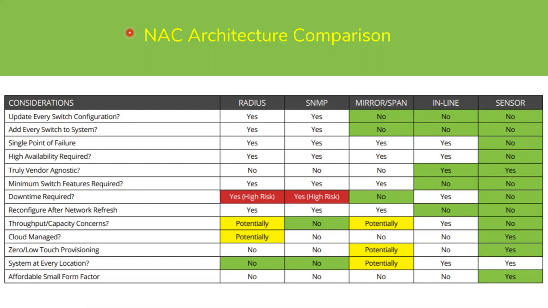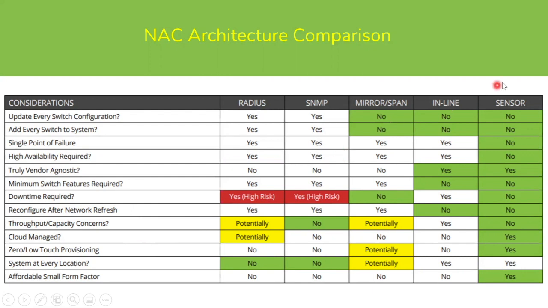network. So some of these other architectures are very intrusive and have a bunch of considerations and challenges. Configuring all your devices, high availability, may not be vendor agnostic. You have to have switches that support features. Every time you refresh your network, you may have to reconfigure things. Is it low touch? Can it be cloud managed, et cetera, et cetera.